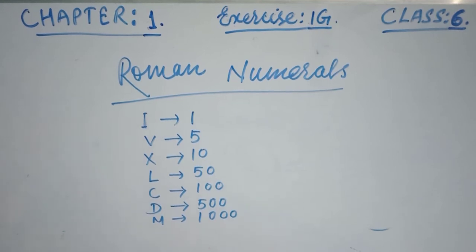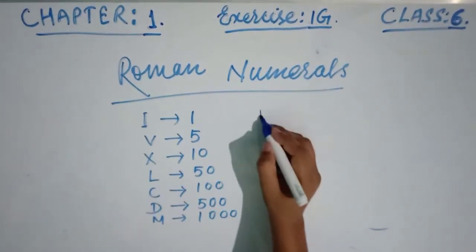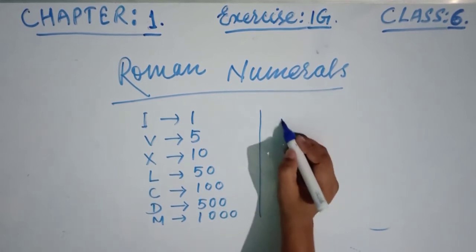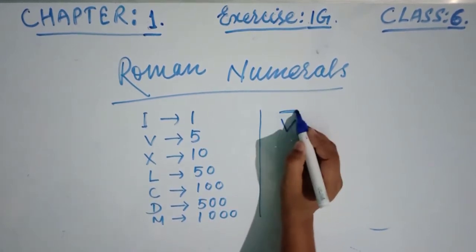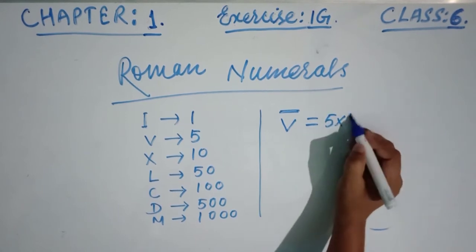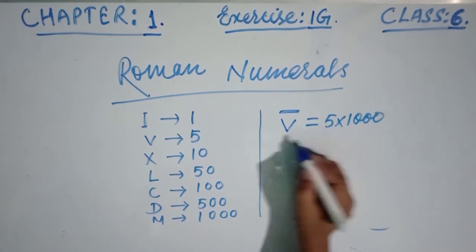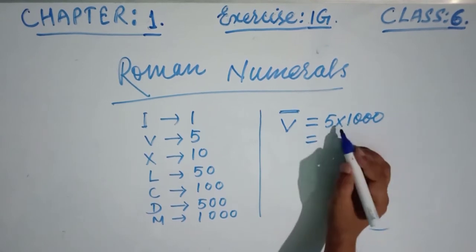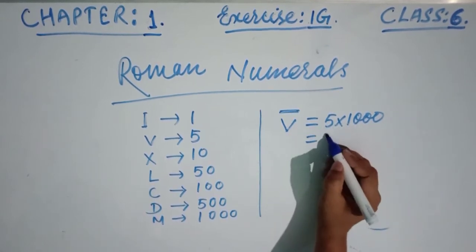Now the one new thing is, friends, if a bar is placed over any Roman numeral, like suppose the bar is placed over V, this means 1000 times multiplied with its original value. So the value of V is 5, and 1000 times multiplied means 5000.